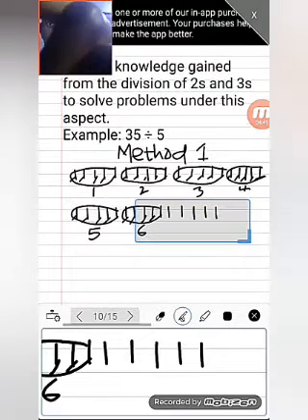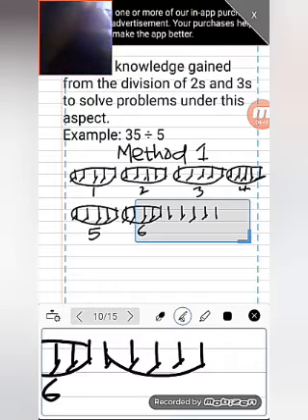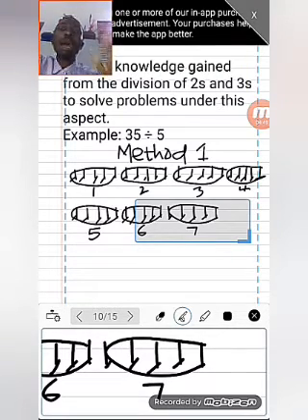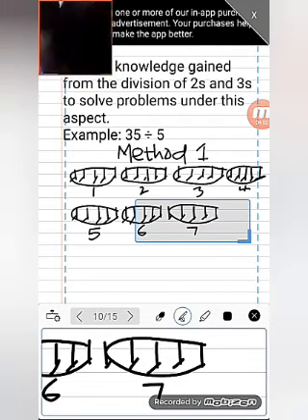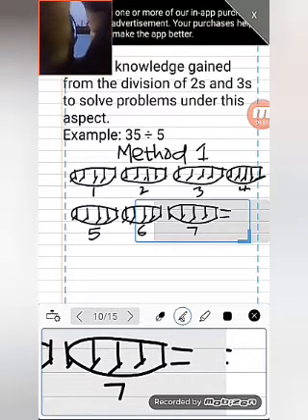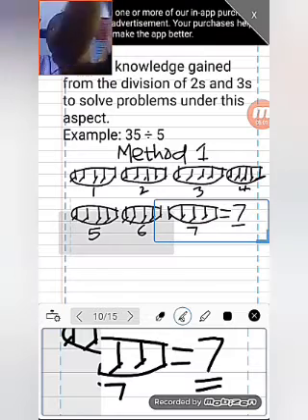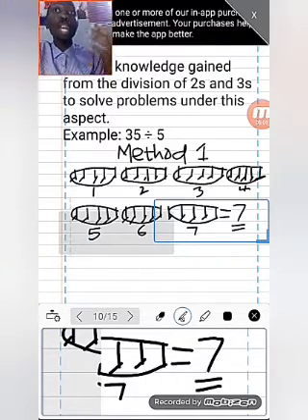Then 1, 2, 3, 4, 5. That's 7. So how many 5s do we have in 35? That is, 35 divided by 5 would be 7. As simple as that. That's the old method, the counting method which you were used to.